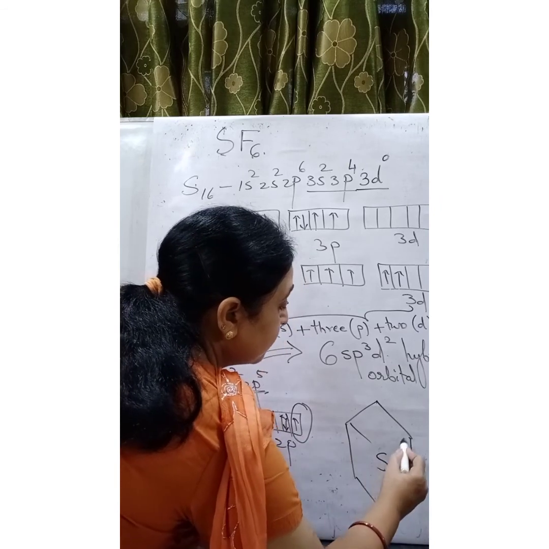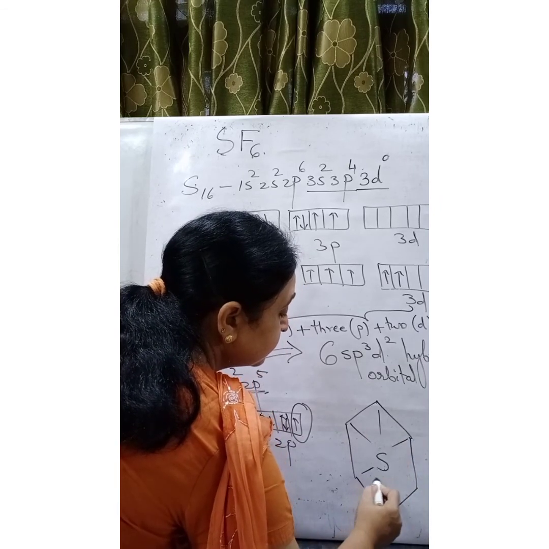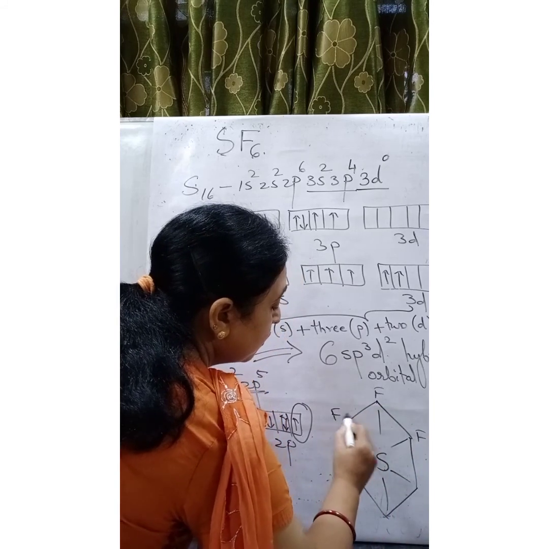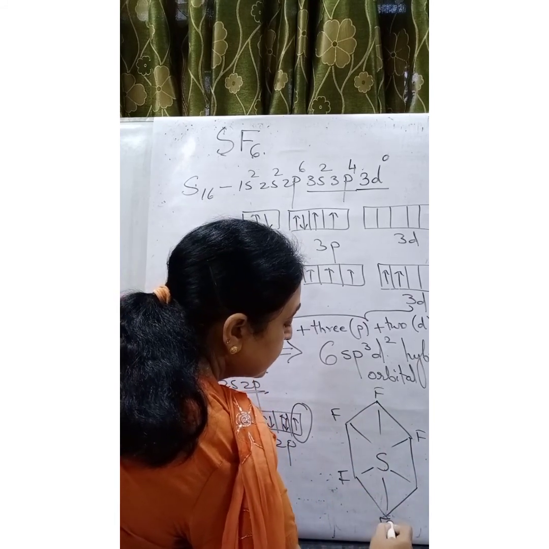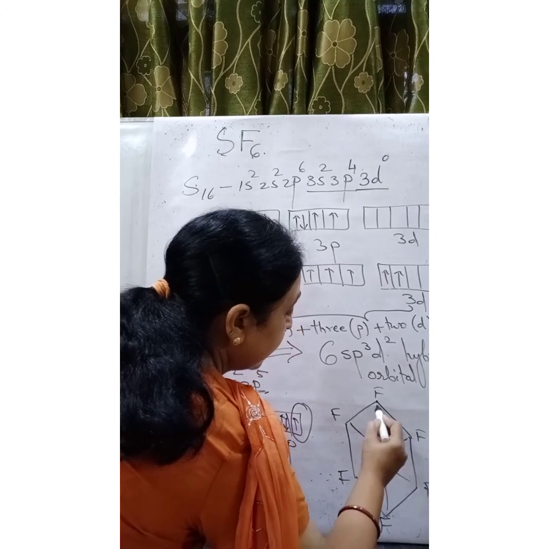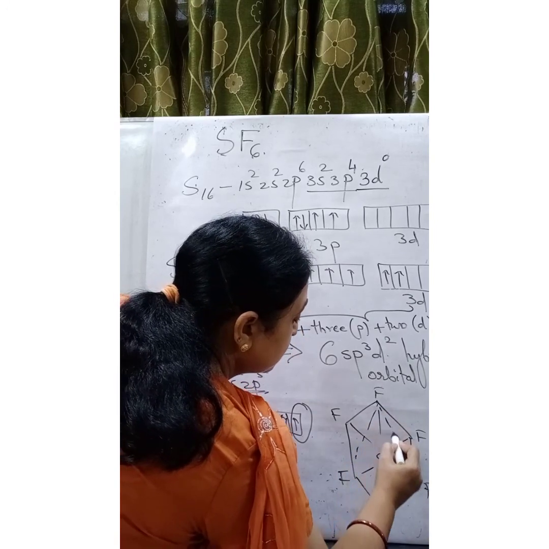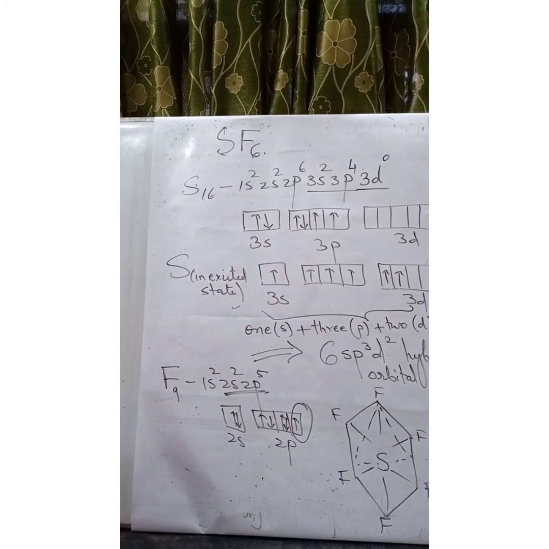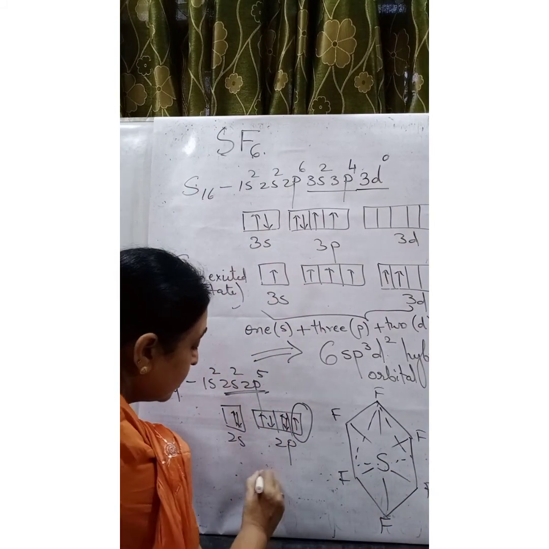This is sulfur, fluorine, fluorine, fluorine, fluorine. 6 fluorines are there, giving rise to an octahedral geometry of SF6. Octahedral.